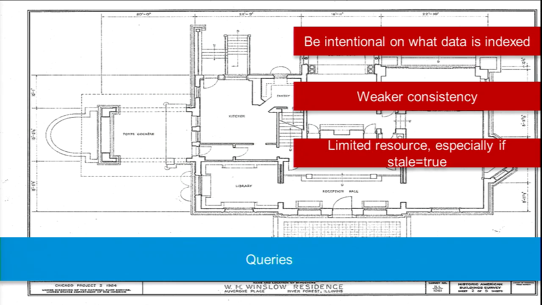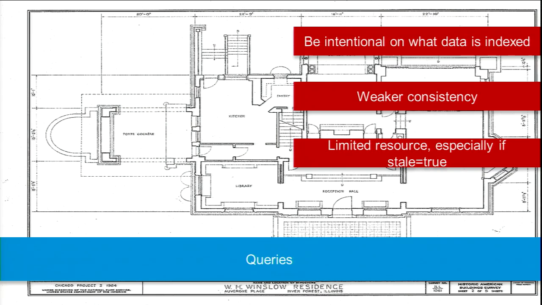As I mentioned before, queries have weaker consistency. The flip side of that is that it's how Couchbase gets a lot of the scalability out of it, but you have to understand that and not expect strong consistency out of a view read.